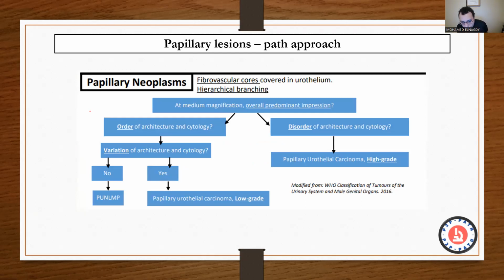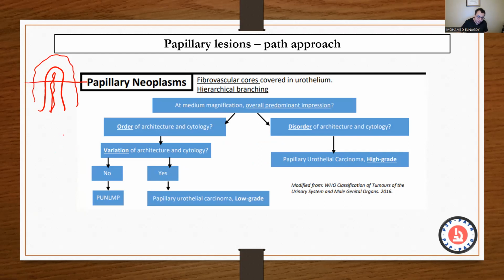So now the papillary. Papillary is very important. You see papillary architecture, which is papillae, finger-like projections. To call something a papilla, we need to have a blood vessel, a feeding vessel, which is the fibrovascular core, and then we have epithelium there.